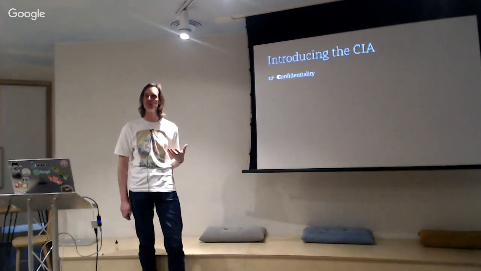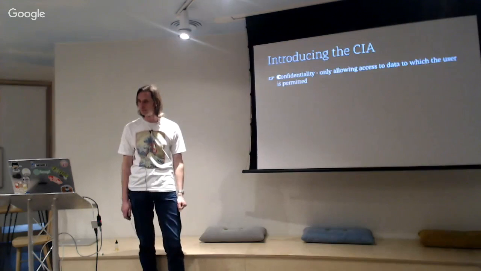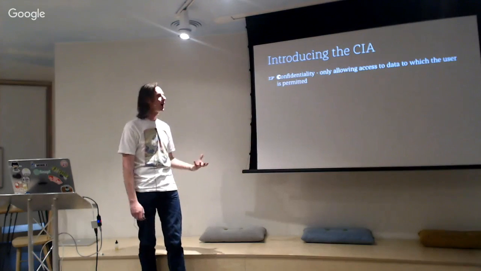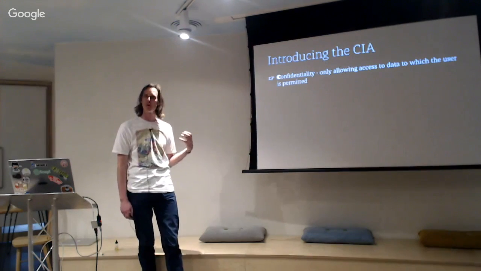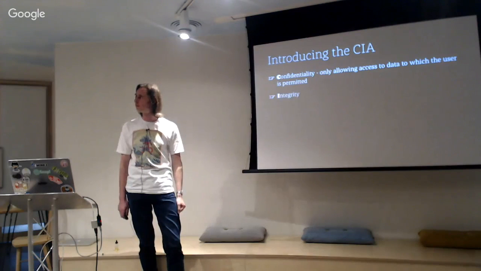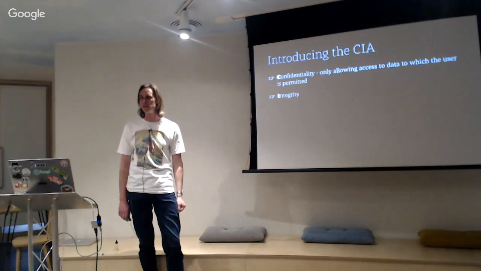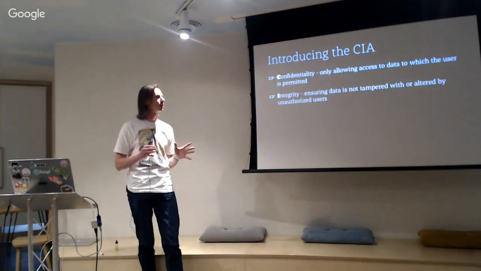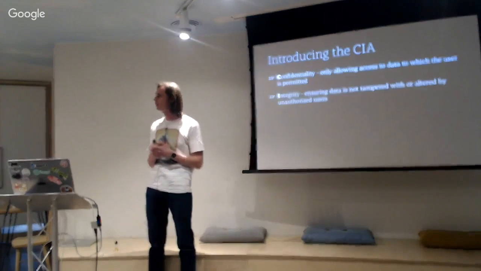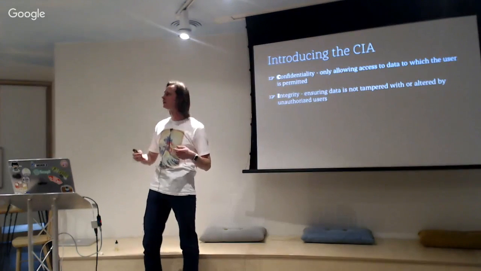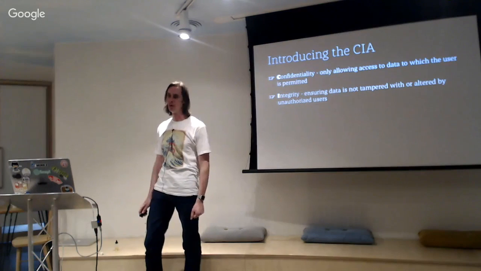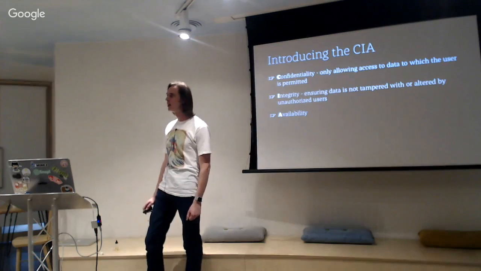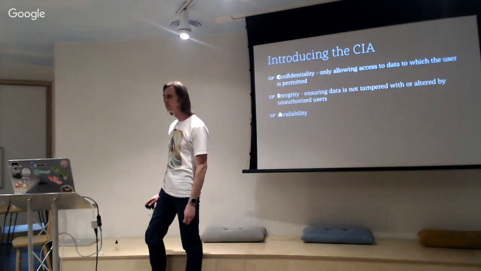We've got to keep data confidential. We only allow access to data which the user is permitted. Then we have integrity. And this is all about ensuring data is not tampered with, ensuring that it's not altered by any unauthorized users. And availability.